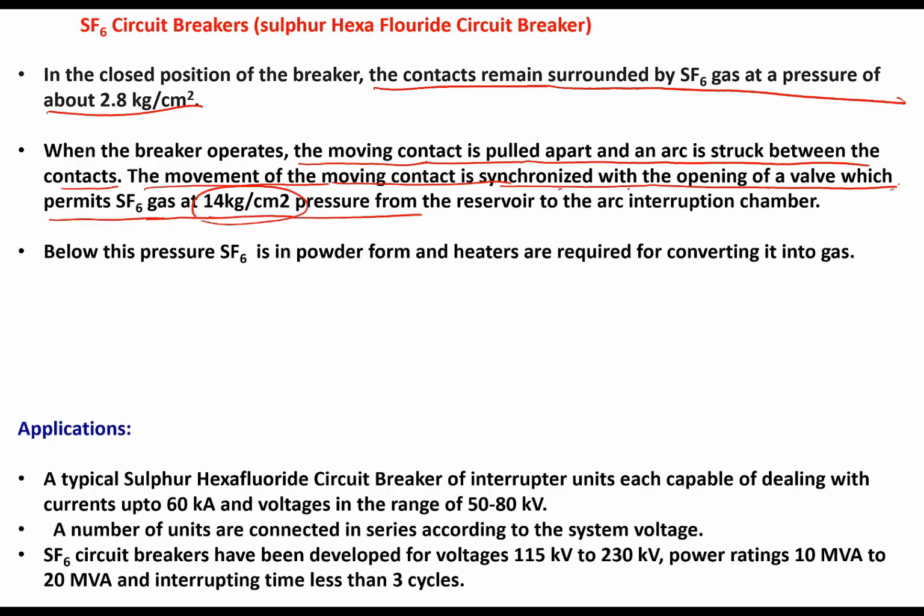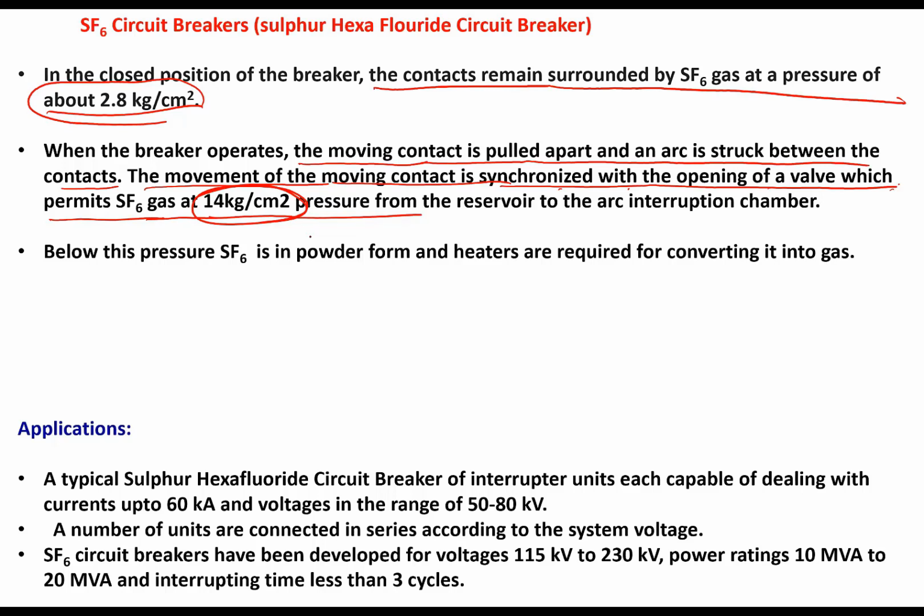So during separation, the gas pressure is 14 kg per centimeter square. When the contacts are in closed condition, the gas pressure surrounding the contacts is 2.8 kg per centimeter square. So when the SF6 gas at 14 kg per centimeter square hits the area between the fixed and moving contact, the arc is quenched. Okay.